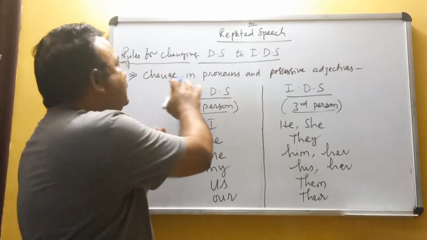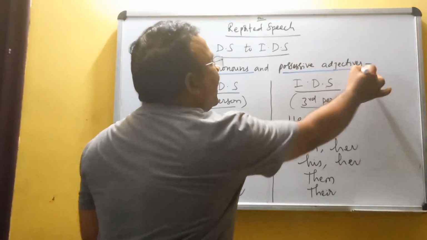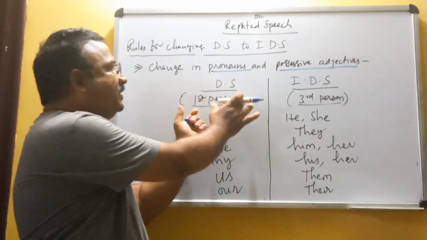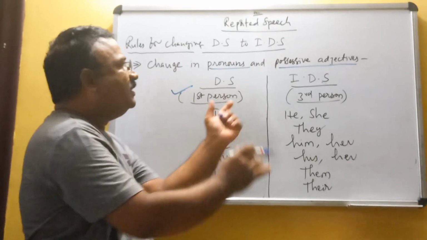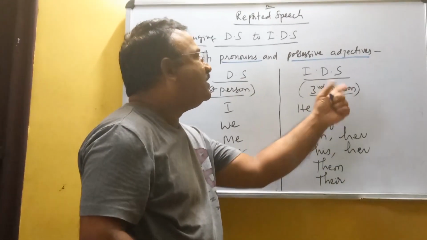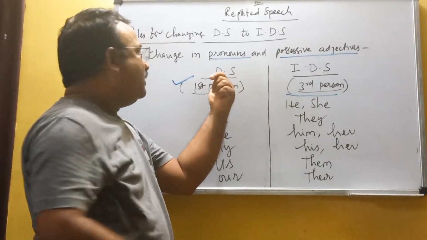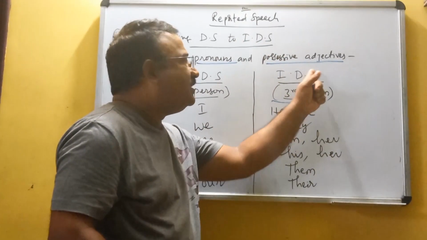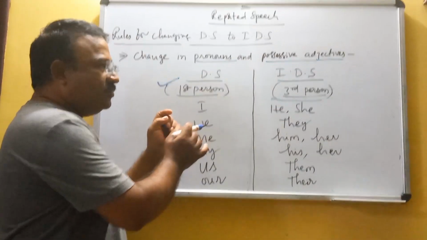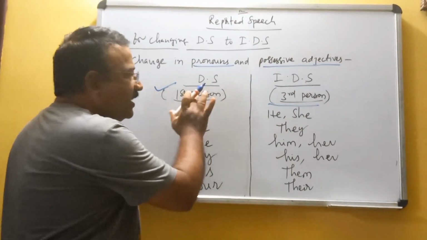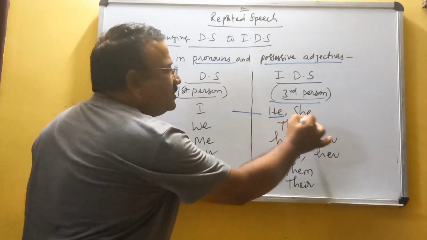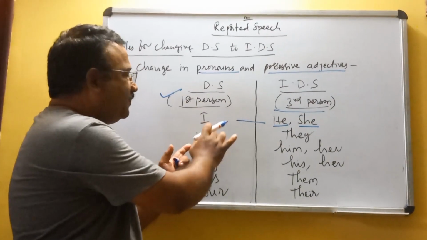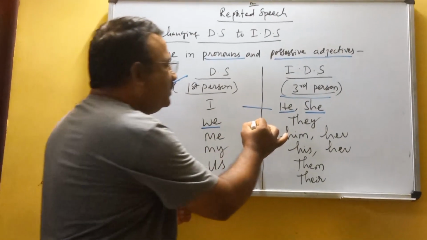Now the next rule: change in pronouns and possessive adjectives. In the direct speech, first person will become third person in indirect speech. I, the first person in direct speech, will become he or she. We, the first person plural, will become they.